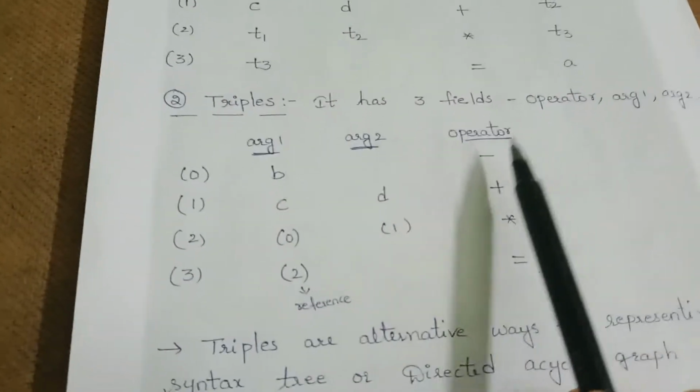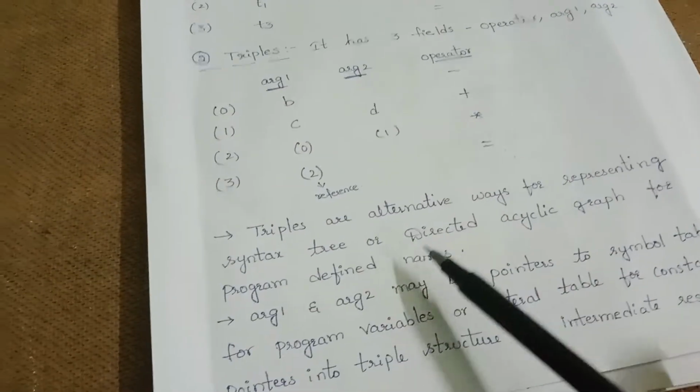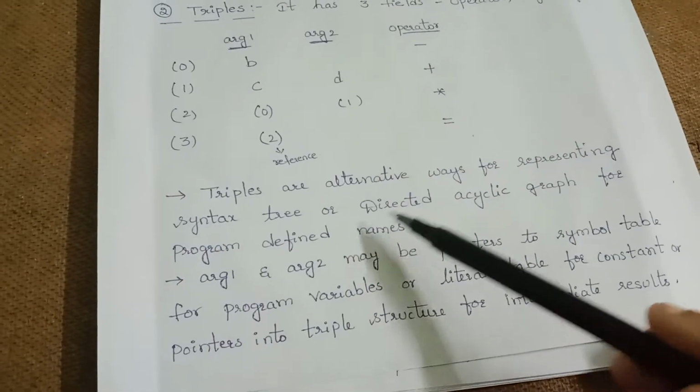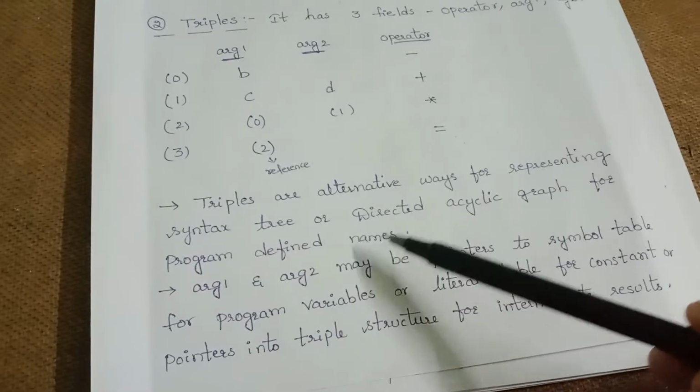So here in triples it consists of three fields: argument 1, argument 2 and operator, as well as we consider the serial number also.